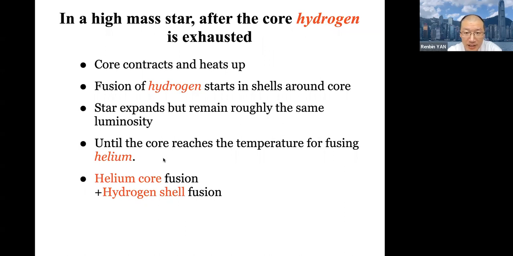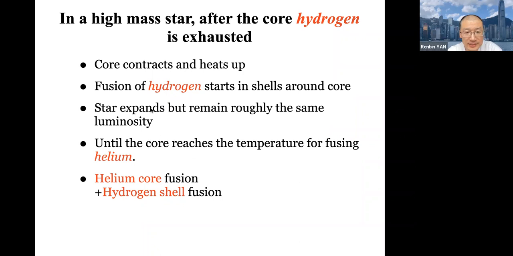In a high mass star, the situation is quite a bit different. After the core hydrogen is exhausted in the main sequence, the initial part is very similar to a low mass star. The core contracts and heats up. So you have gravitational contraction. Fusion of hydrogen will start in a shell around the core, and the star will expand but remain roughly the same luminosity.